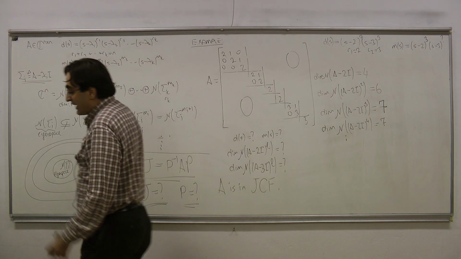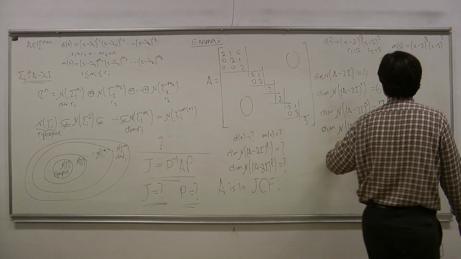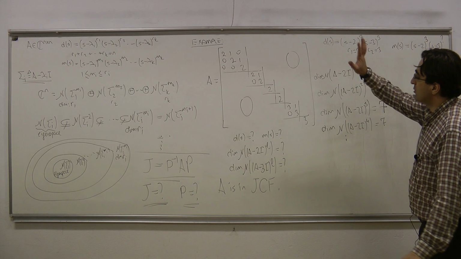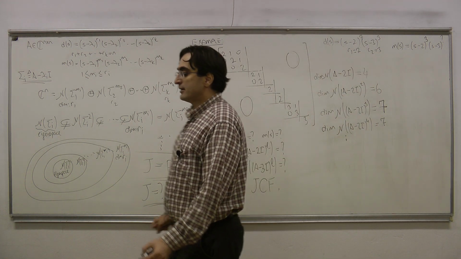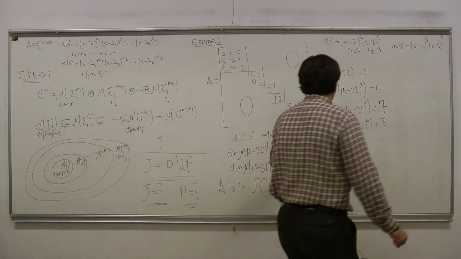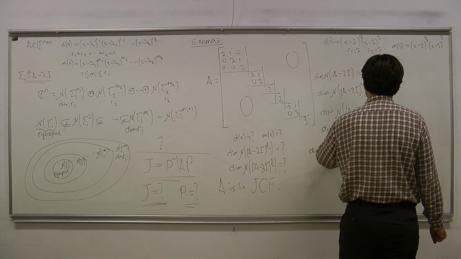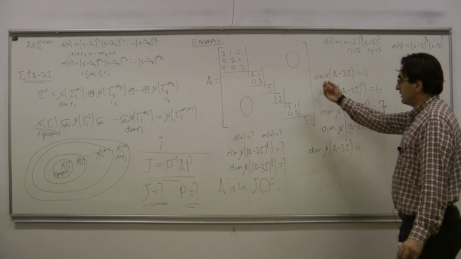Okay? So this is how we can get the dimensions of these null spaces for a matrix in Jordan canonical form. Now let us go into the dimension of the null space of A minus 3 identity. Okay? This is the other eigenvalue.